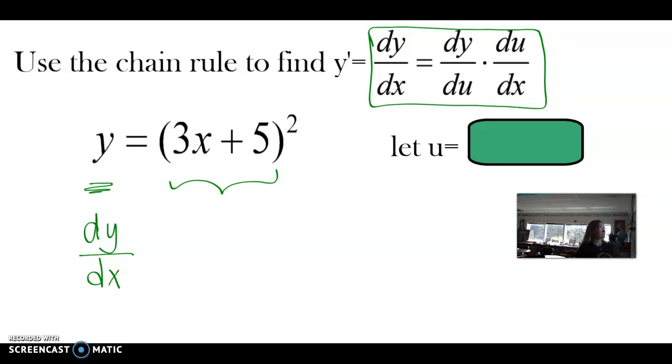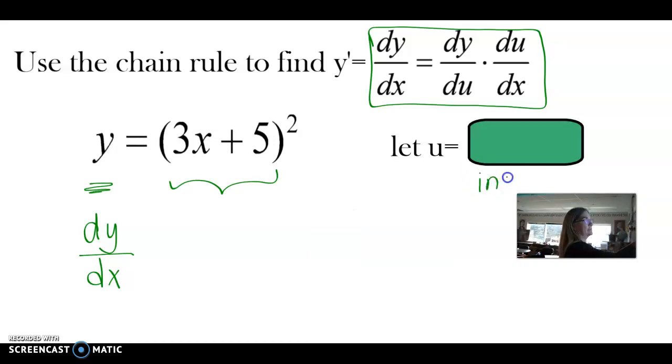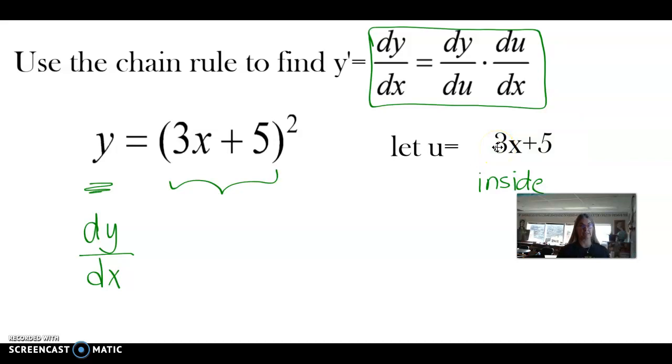And what you're going to need to do to use the notation that you're looking at is we're going to want to let u equal the inside function. So look at your equation here, 3x plus 5, all of that is being raised to the second power. So the inside, our u, is going to be 3x plus 5.